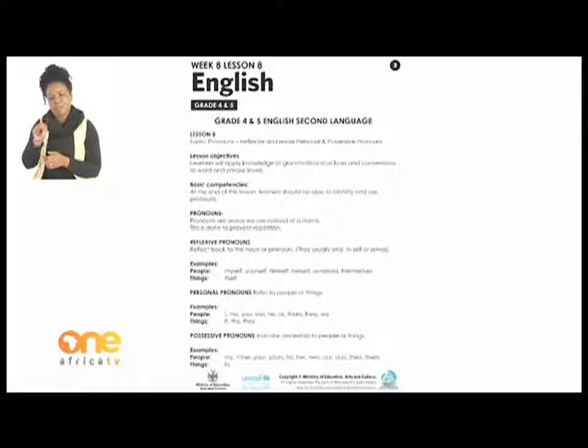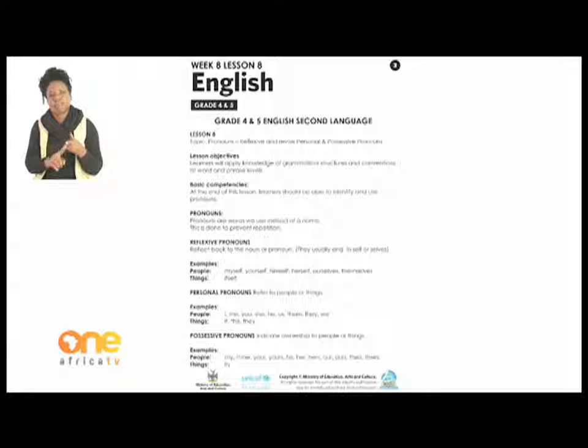Examples of personal pronouns are I, me, you, she, he, us, them, they, we. When we are referring to things, we simply say it, this or they.